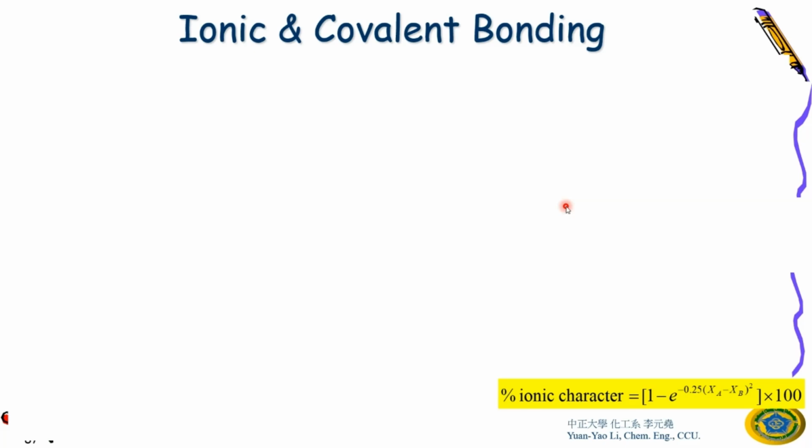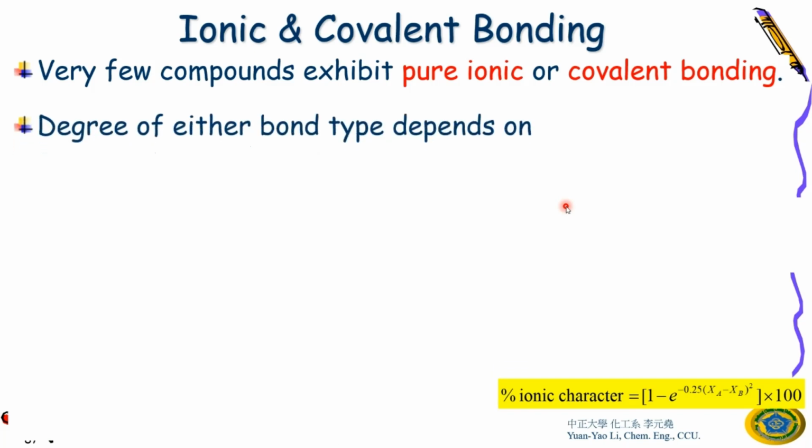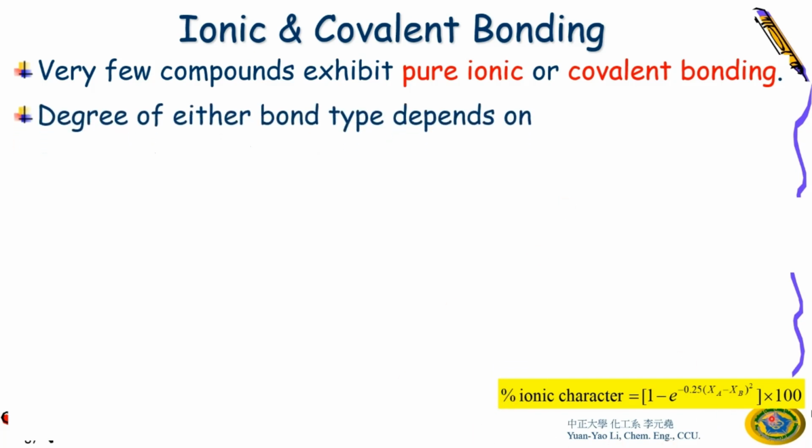Okay, next is ionic and covalent bonding. Let's mix these two together and discuss ionic and covalent bonding. Very few compounds exhibit pure ionic or pure covalent bonding, because we learn about ionic character.